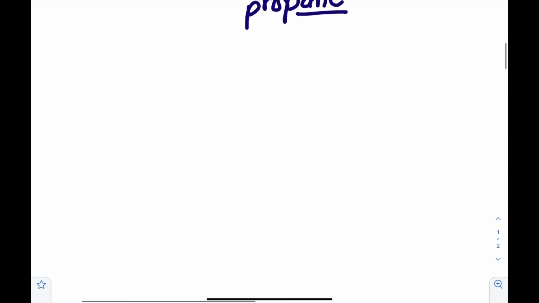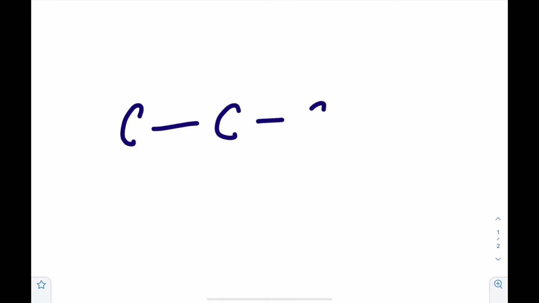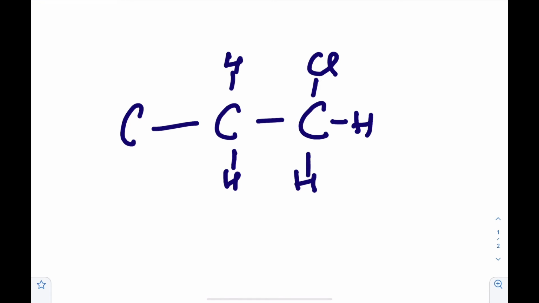Next, let's look at another example. What if our propane guy had a substitution? Right, and this is also an H. I did not have to draw a displayed formula, but I just did.